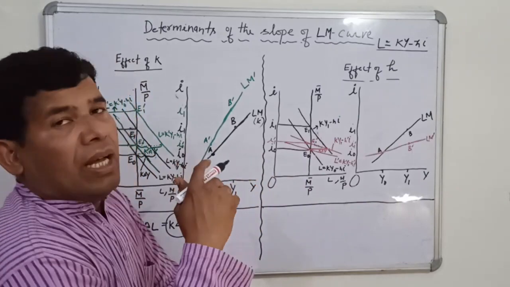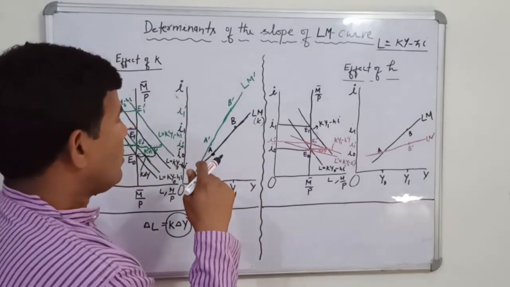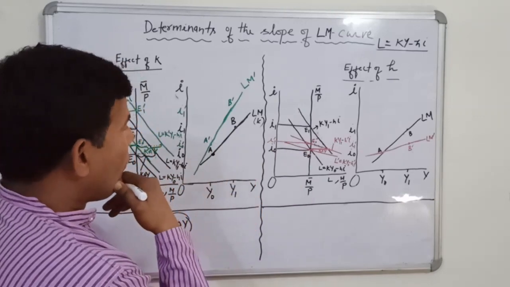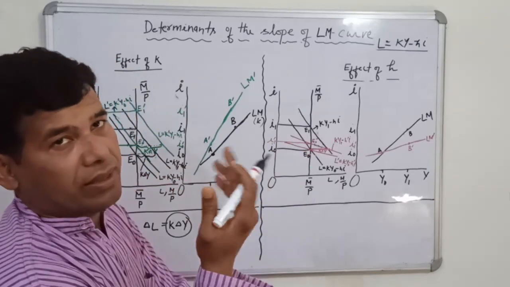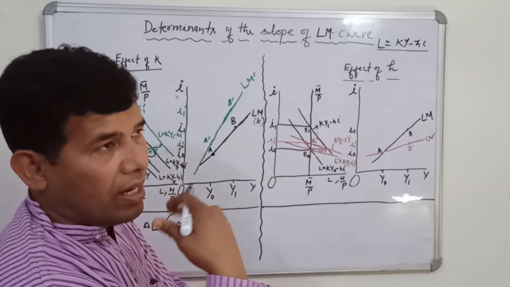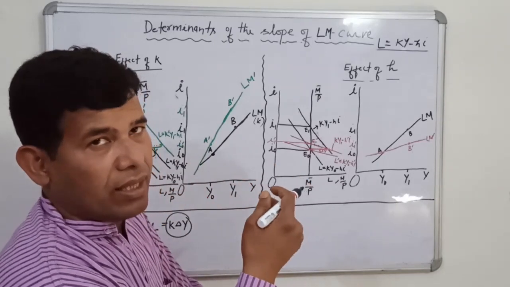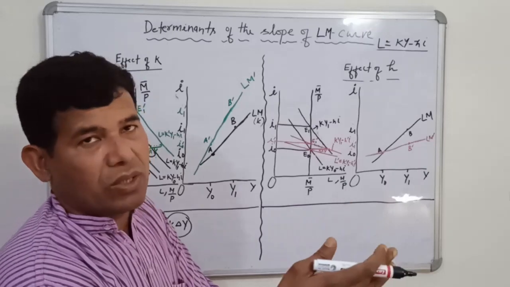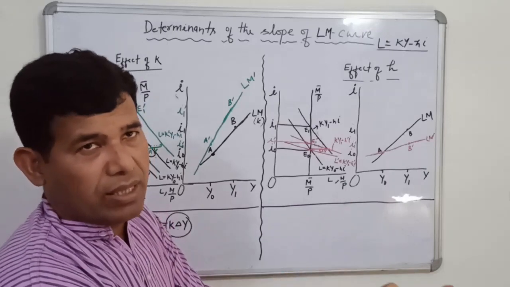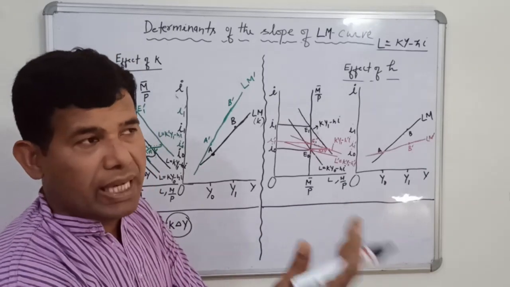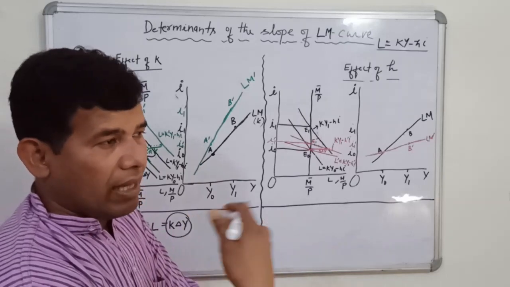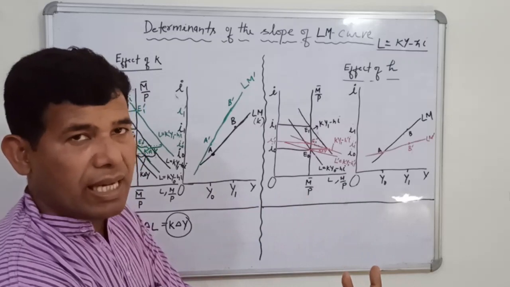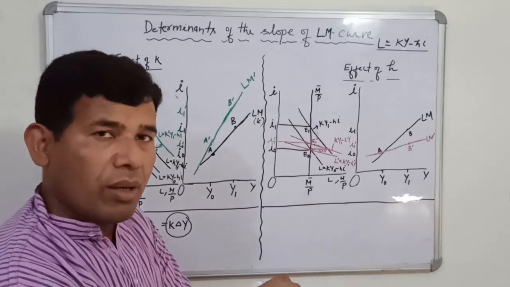Fine. Now suppose we take another situation in an economy where K is higher. As I said, the value of K depends upon, number one, information technology in the payment system, the kind of banking arrangement we have, and the convenience we have in changing money into non-money assets and non-money assets into monetary assets.